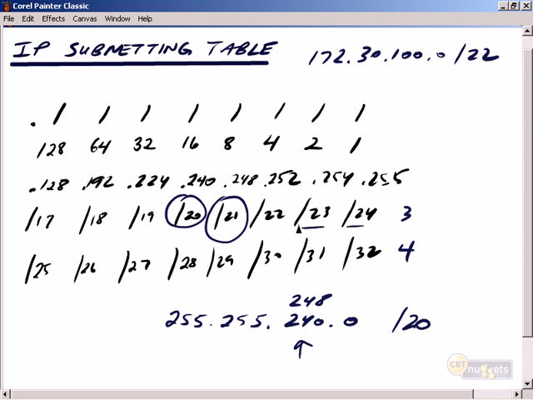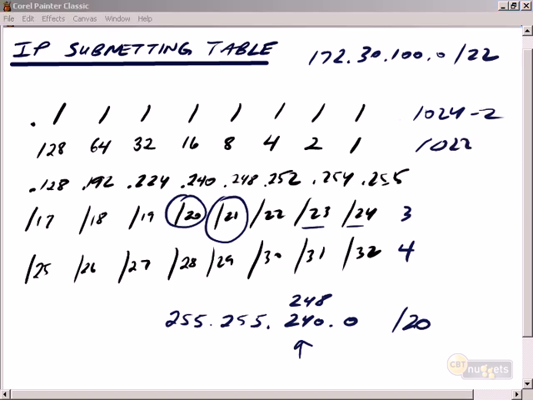What I showed you earlier, 2 to the 10th power hosts. Well, 2 to the 10th power is actually 1024, right? But remember, we can't use all those. So we always have to subtract 2. So the correct answer is 1022. Don't get burned by that. In other words, if you're trying to figure out the usable hosts, always subtract 2. We don't do that on the network, okay? Just on the host side.